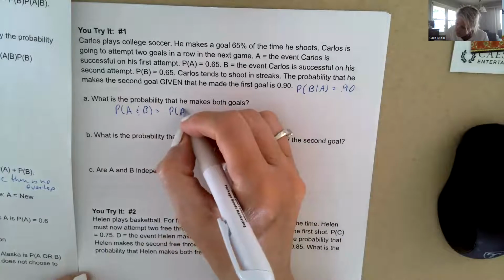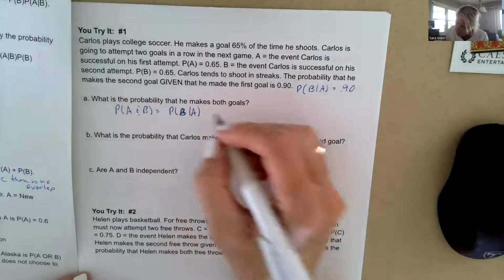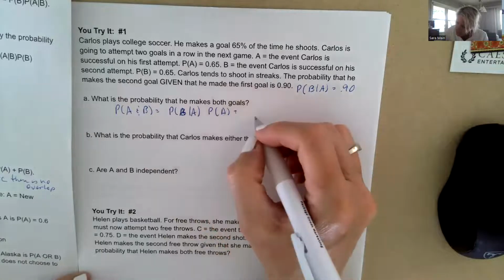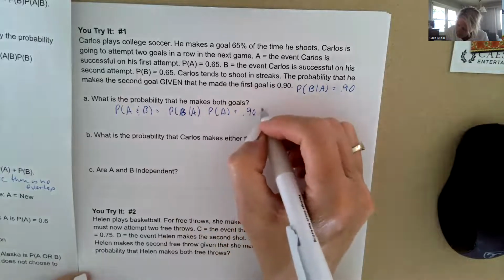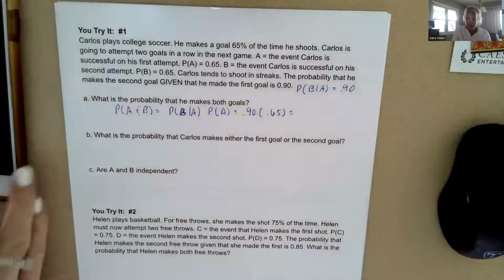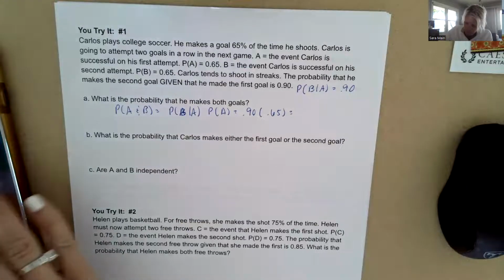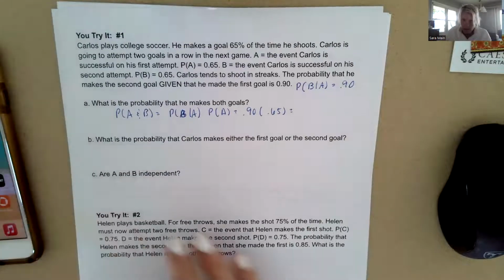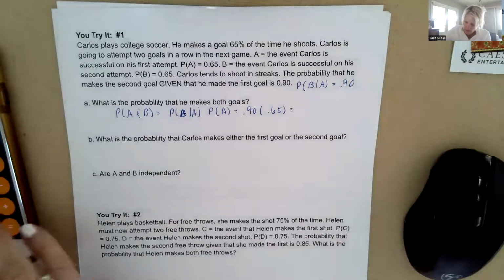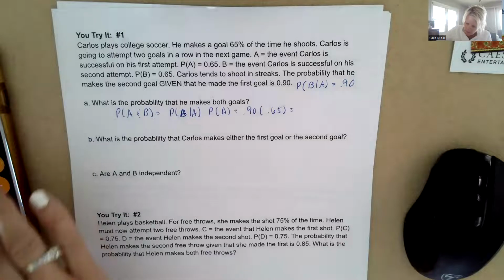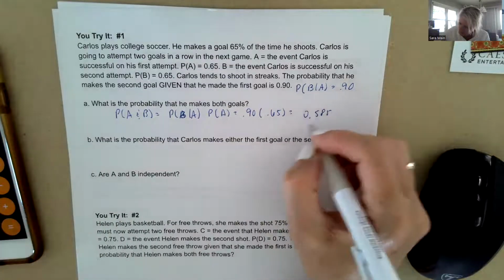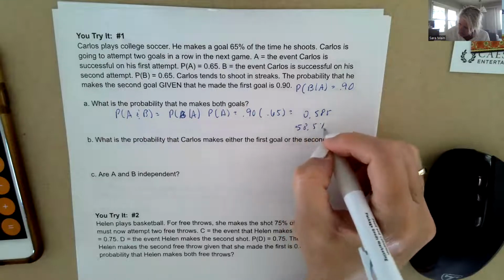So it would be the probability of B given A times the probability of A. That would be 0.9 times 0.65, which is 0.585, or 58.5%.